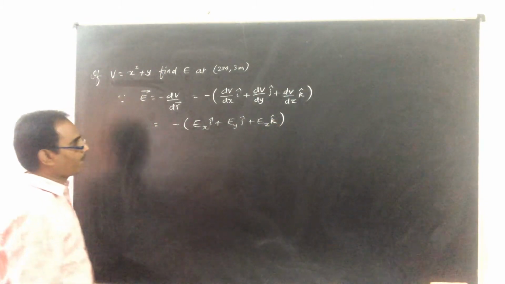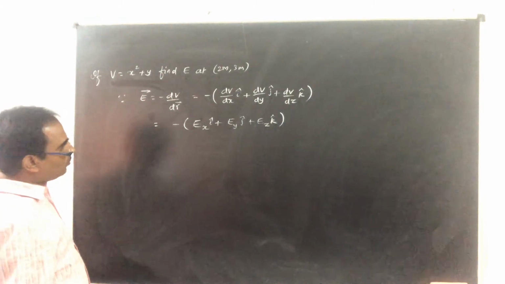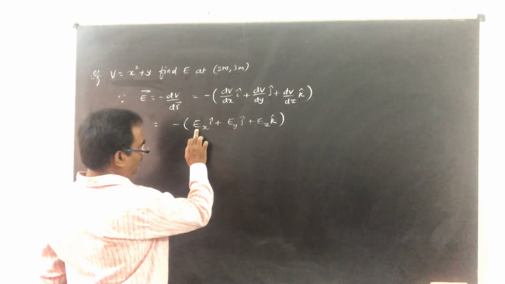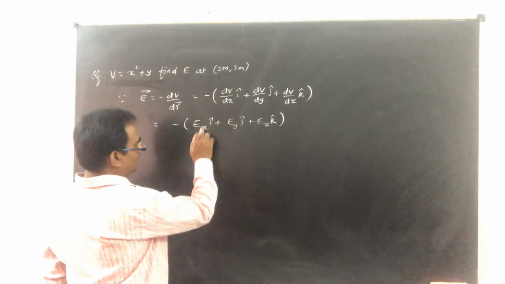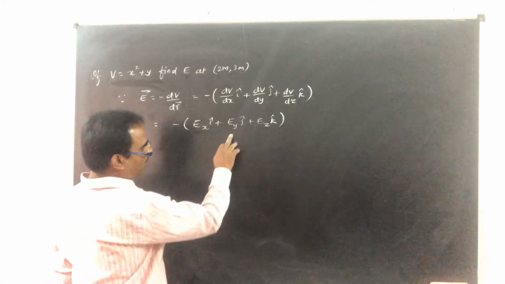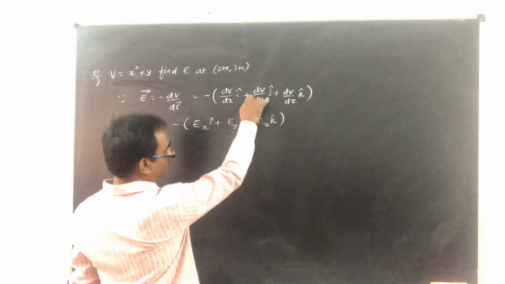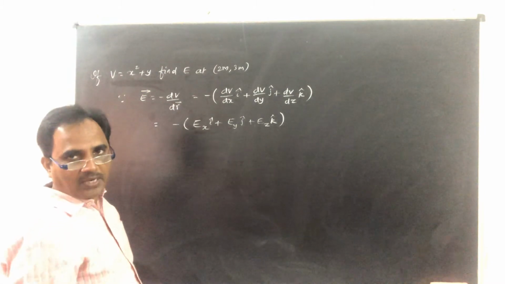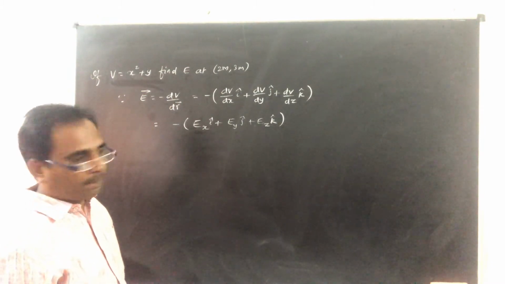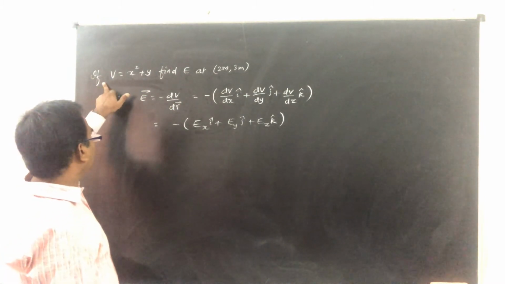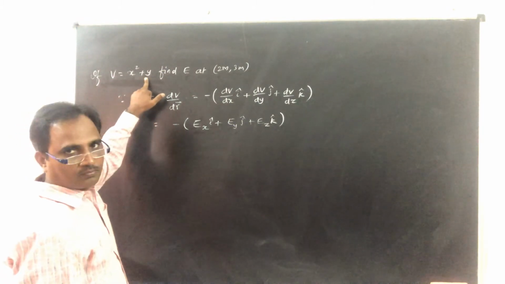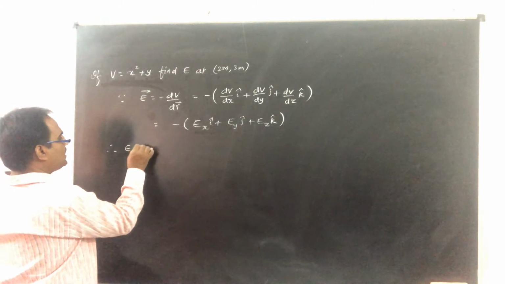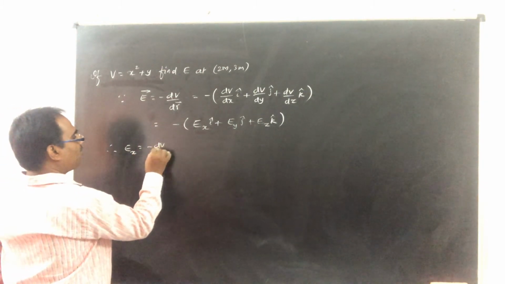So this x component of electric field is nothing but minus dV by dx, y component of electric field is minus dV by dy, and z component is minus dV by dz. So this V is given, this V involves x and y. So therefore, this Ex is equal to minus dV by dx.